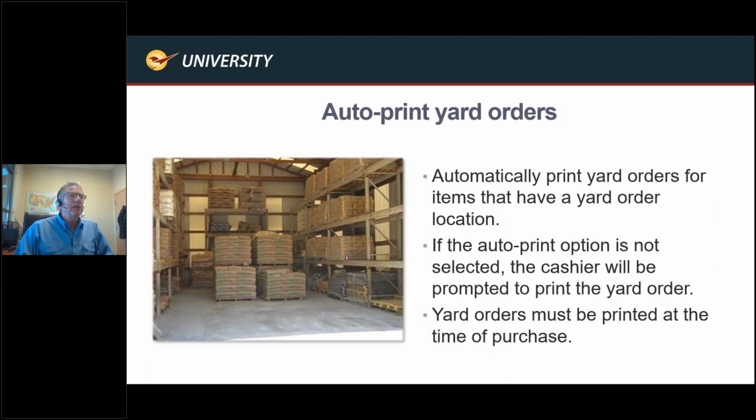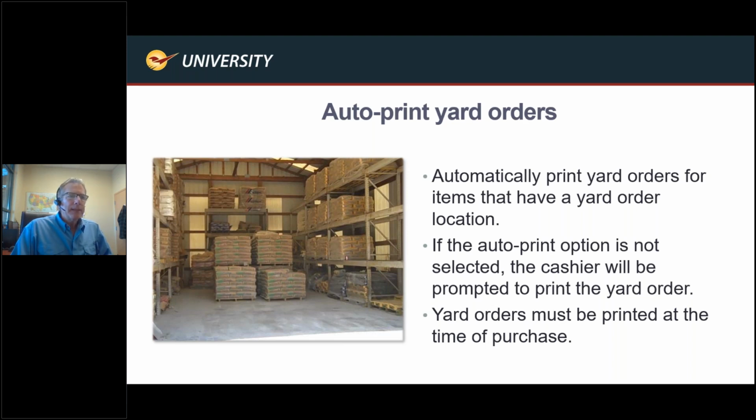Another thing that we added recently is the auto printing of yard orders. The yard orders, as you know, must be printed at the time of the purchase. Now, if you forget to produce a yard ticket and you have yard items in your invoice, it will prompt the cashier now. You've probably seen this because it's been out for a little bit.